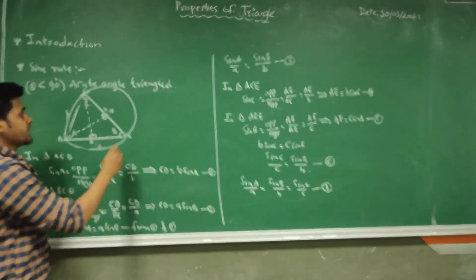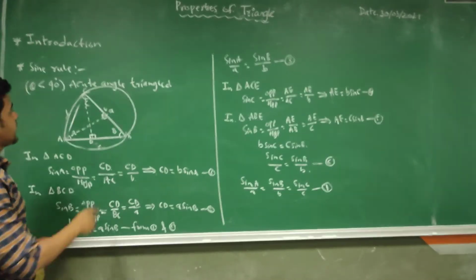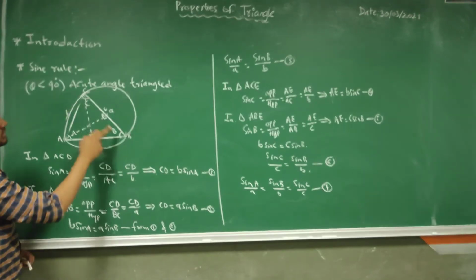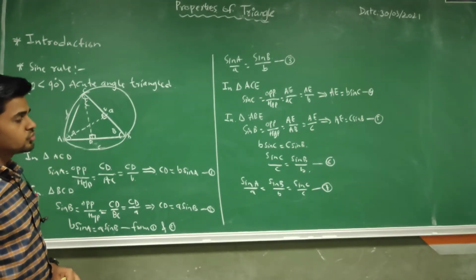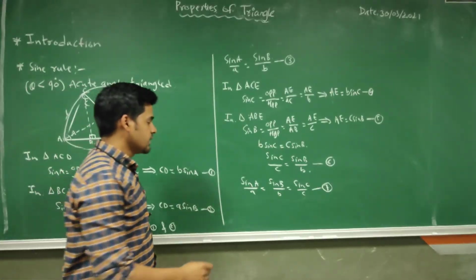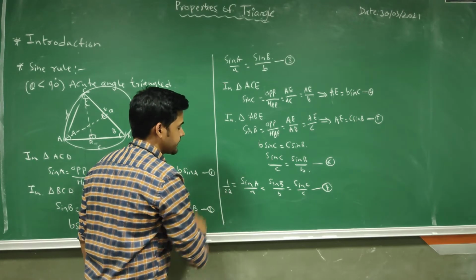It can be denoted by capital R. So I can write that BC is nothing but 2R. So here I can write 1 by 2R as well.